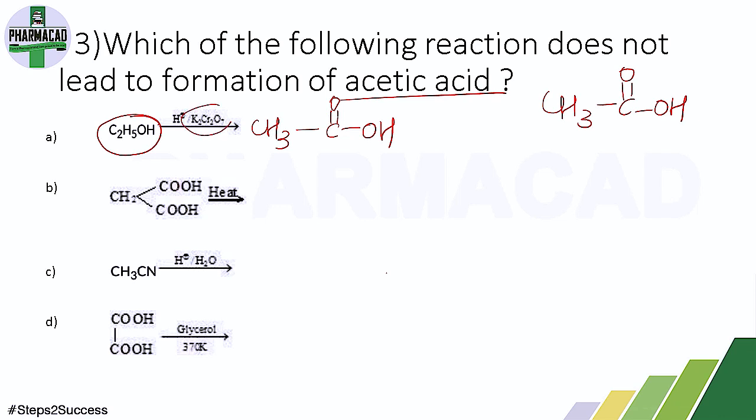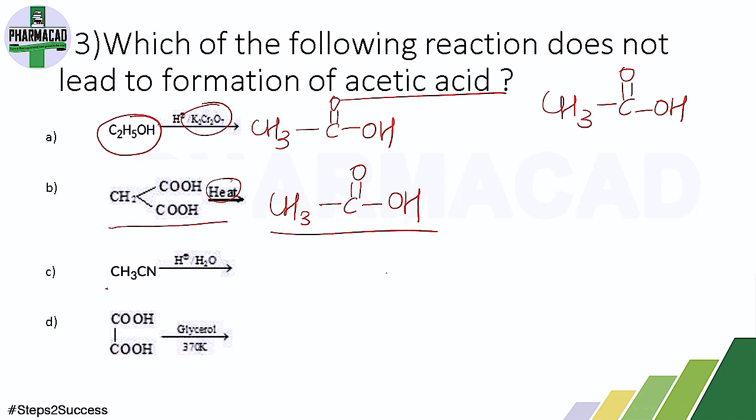This is the oxidizing agent, right? The next, it is malonic acid. So when we heat it, it gets converted to CH3 C double bond O OH, that is acetic acid.